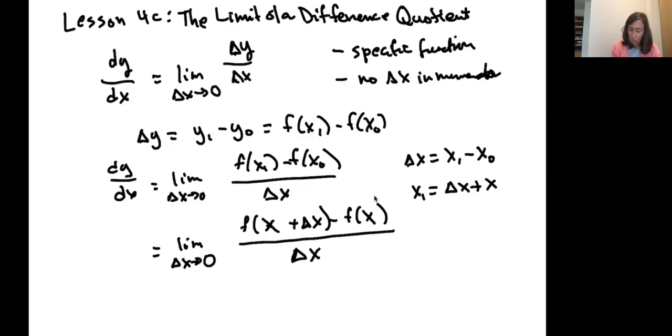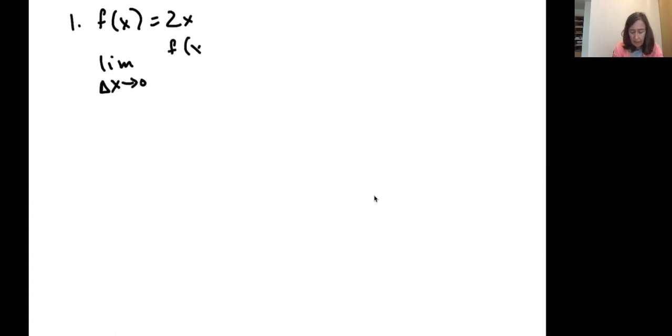And so let's first start with an example that is awfully easy. Okay, so let's start with f of x equals 2x. Let's take the limit as delta x goes to 0 of f of x plus delta x minus f of x divided by delta x.